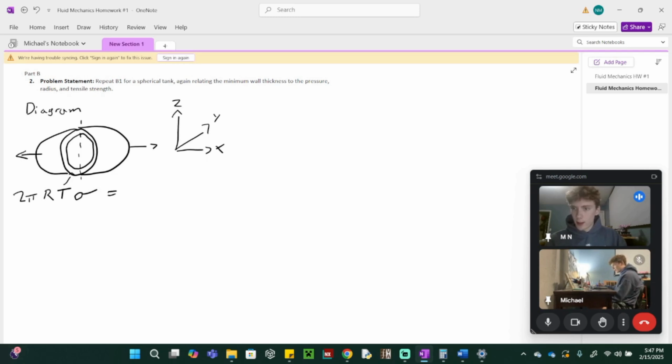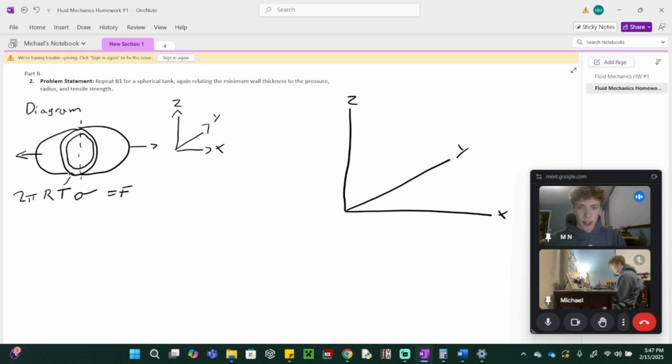Alright, so the next thing I'm going to do is look at a projection, a vector, that is attached to one of the walls of our spherical tank. So this is our z, this is our y, this is our x.